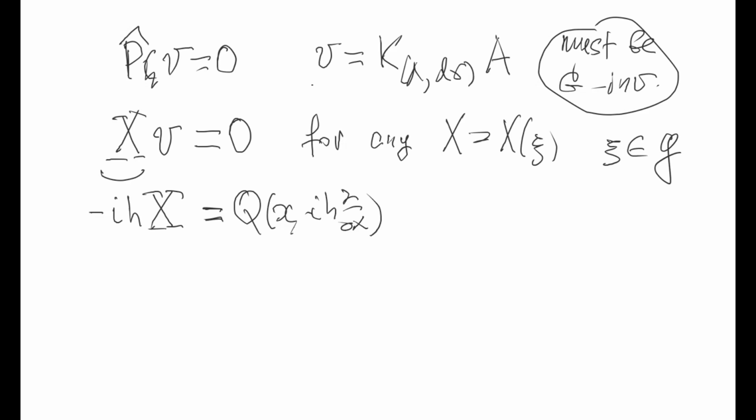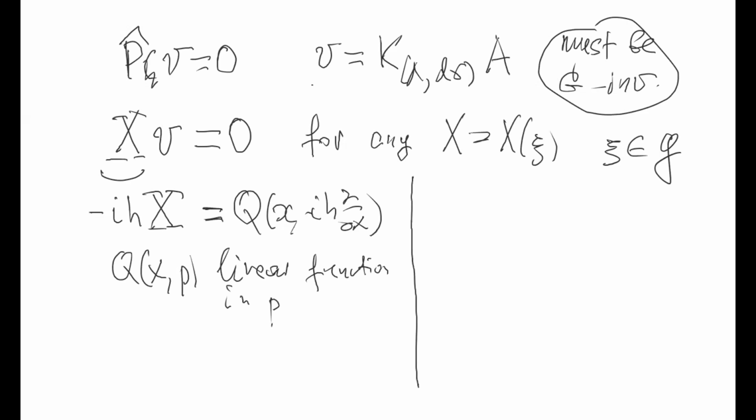Well, Q of X pi is a linear function in the cotangent variables pi, and then we need to use our commutation formulas. So for V to be invariant, the first condition is that Q of X pi is equal to 0 on the manifold lambda.